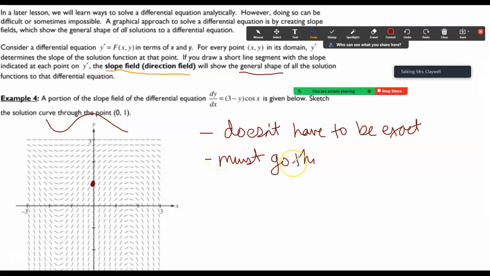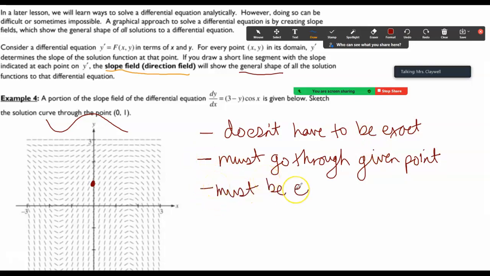It must go through the given point, so in our situation that's 0, 1, and it must go edge to edge.